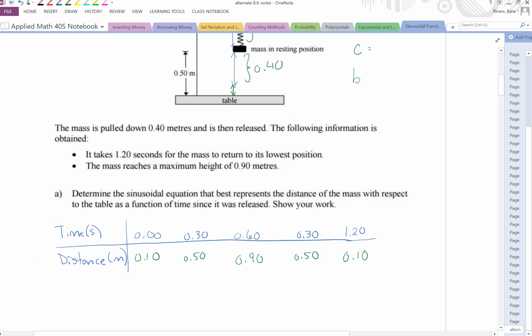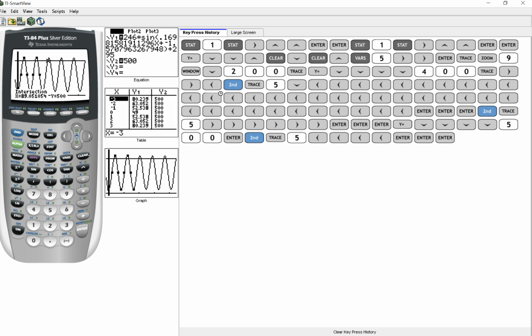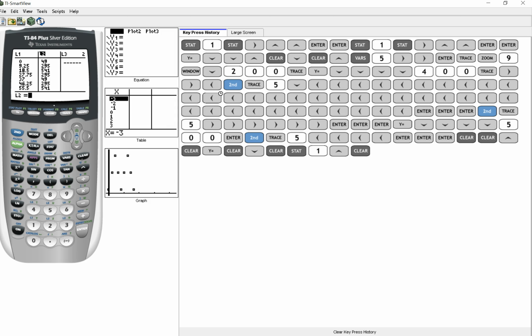Okay, so let's go ahead and use your regression function. So it says determine the sinusoidal equation. So we're going to go ahead and put this in our calculators. So clear everything out that you have in your calculator from whatever you were working on last. Stat 1.